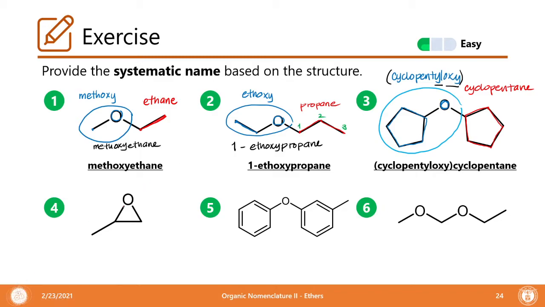We have here an oxyrane. We'll be using the oxyrane system because it's the preferred method. Oxyrane. And then we have a substituent here, which is a methyl group. When we do the numbering, we always start with 1 for our oxygen, and then 2 for the carbon with substituents, and then 3.